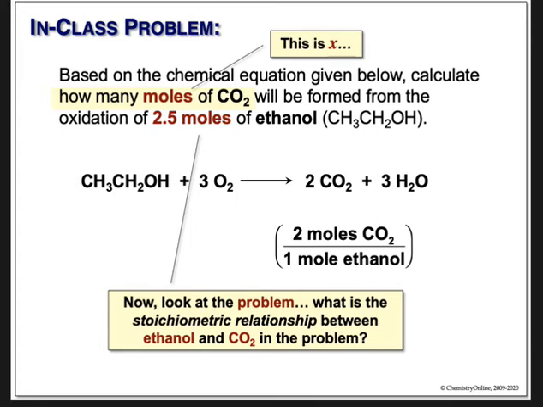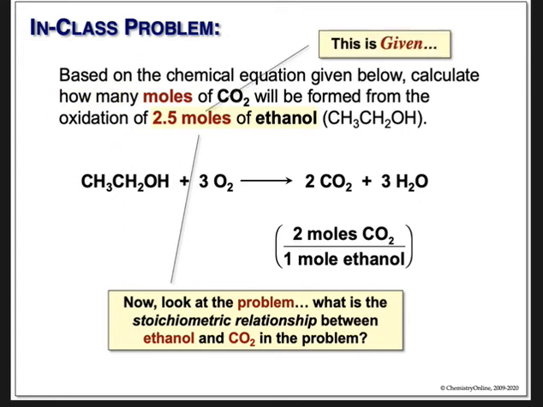What are we given here? 2.5 moles of ethanol. So we have this ratio from the stoichiometry here, and now we're going to make an unknown ratio from the problem. That's simply going to be X number of moles over 2.5 moles.